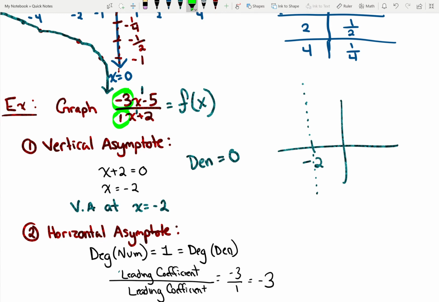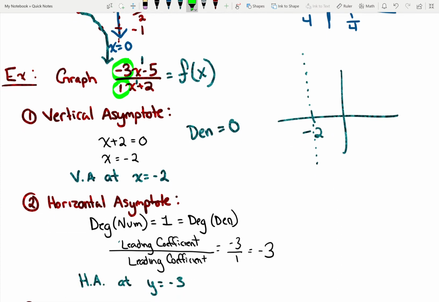Okay, so I have minus 3 divided by 1, which is just minus 3. This tells me that I have a horizontal asymptote at y equals minus 3. So if minus 3 was right here, there's an invisible line that our graph will not cross. So we got two invisible lines going on like that.